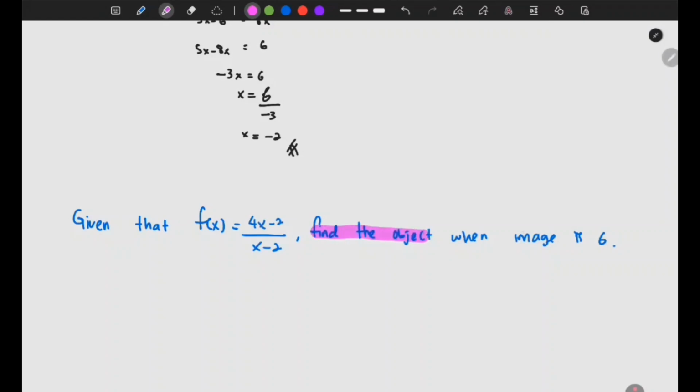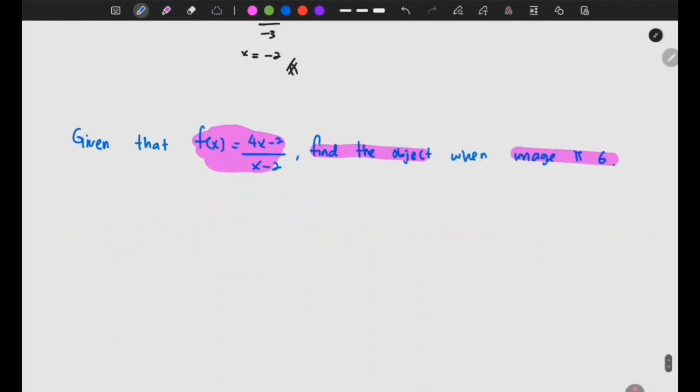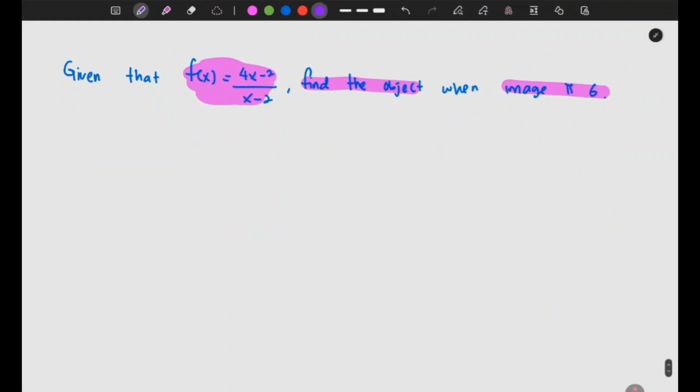They give you these clues, so use them wisely. The object is x, the image is f(x), and they say f(x) is 6.